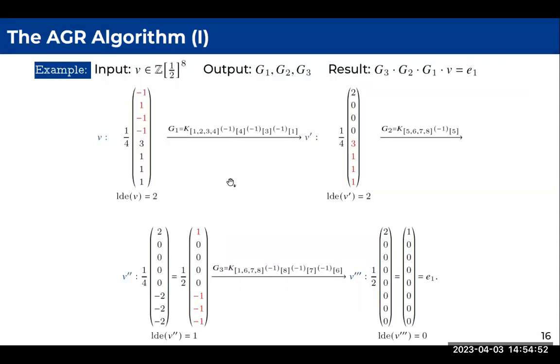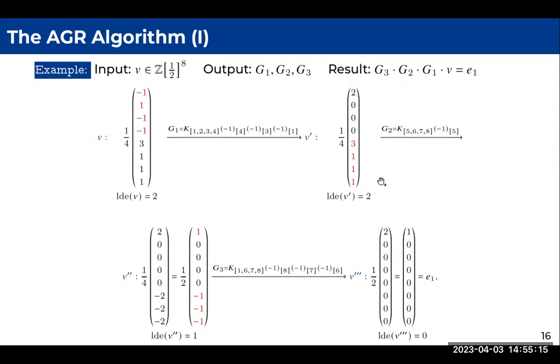Okay, so let's suppose we have an 8-element vector, and it is of LDE equal to 2. Now, by assigning these operators, you're able to act locally on the first 4 elements such that the top 4 elements now become even. But this is not done because we still cannot yet factor out 2 from every component.